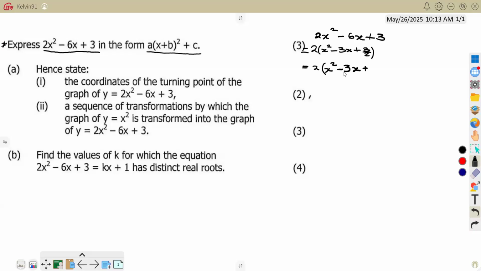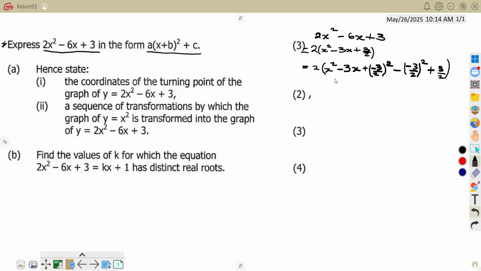Half of the coefficient of x, which is negative 3, is negative 3 over 2, that squared. But this thing we added was not there, so let's take it off, which is minus 3 over 2 squared. Then we take that plus 3 over 2, which was originally in our question. So this is what we now have.